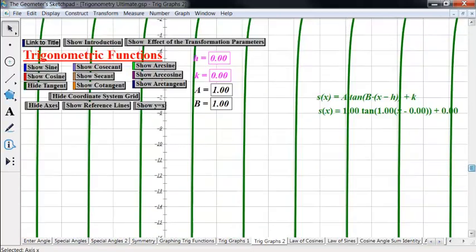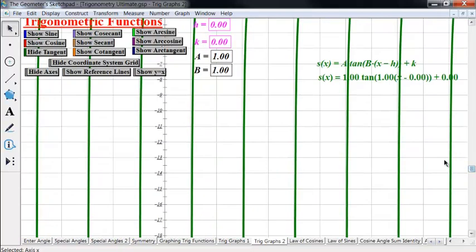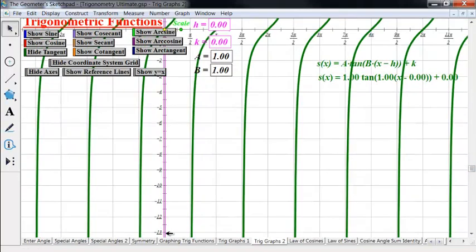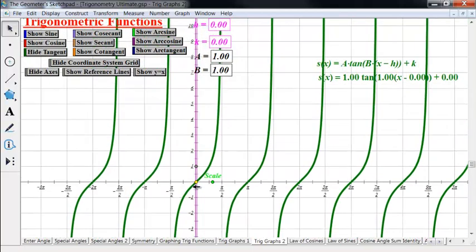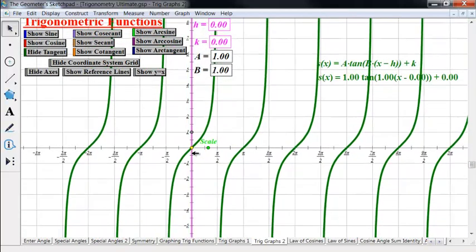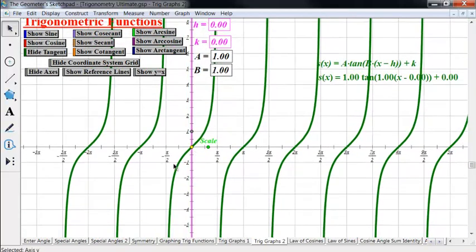And so if we go back here, let me get this back kind of where we had it over here. Notice that, for example, if we want a connected piece, we could go from maybe minus pi over 2 to pi over 2. Those two vertical asymptotes at those two vertical lines right there. And in between we have one full period.